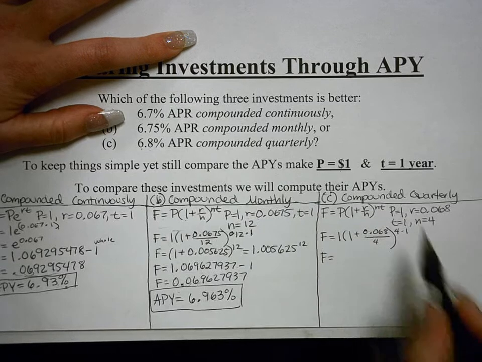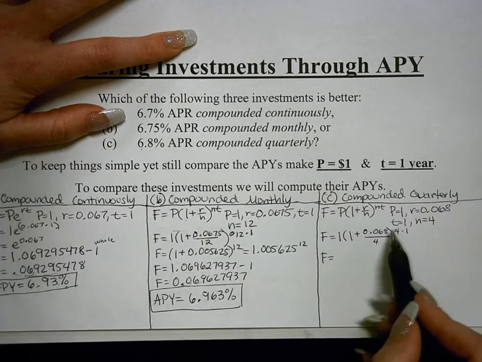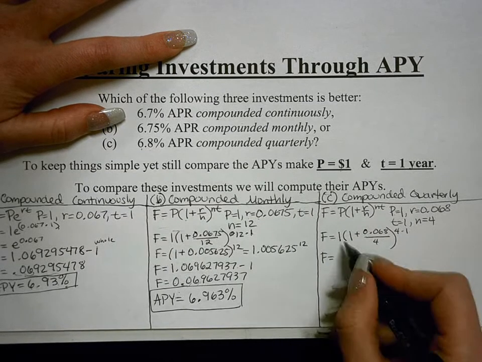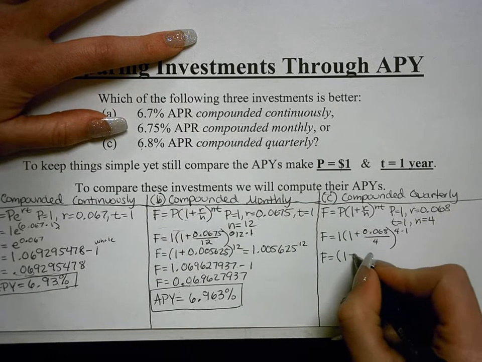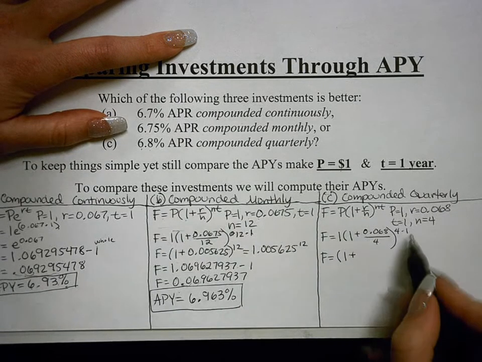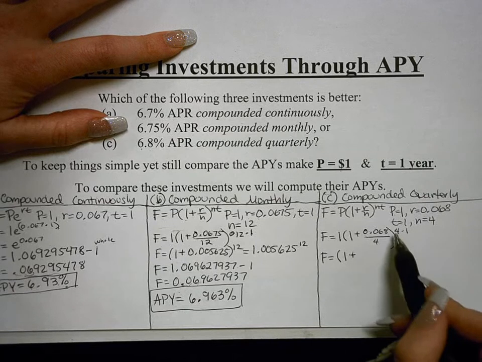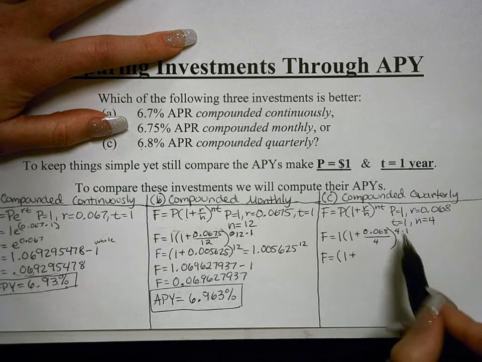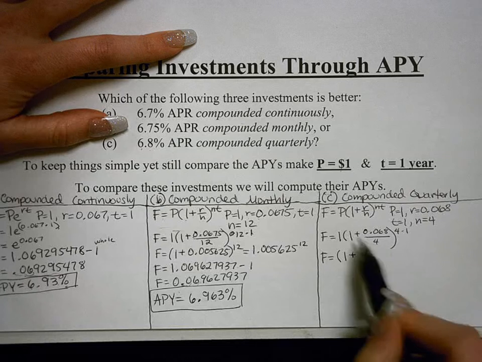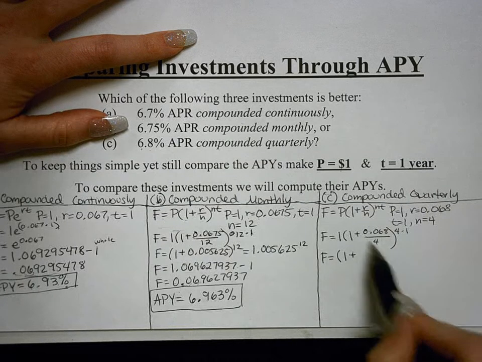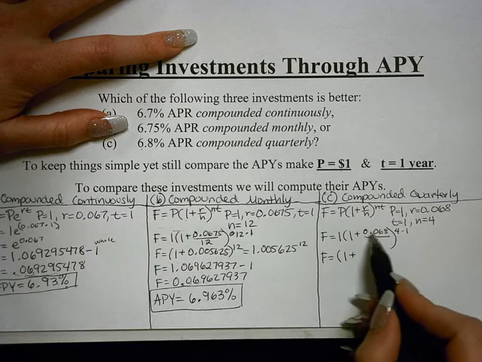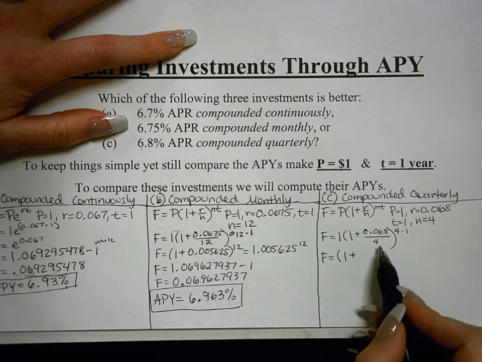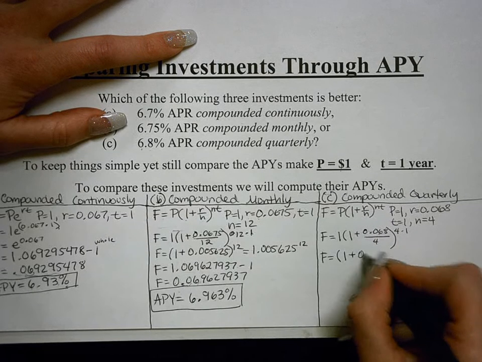F equals 1 multiplied by this number is just going to be this number. This 1 is unneeded, so I'm not going to write it. I'm just going to start with the parenthesis, 1 plus parentheses. We have exponents. The order of operations states we have to do the parentheses first. We have addition and division. Order of operations says we need to do the division first within the parentheses. So 0.068 divided by 4 actually ends up being 0.017.